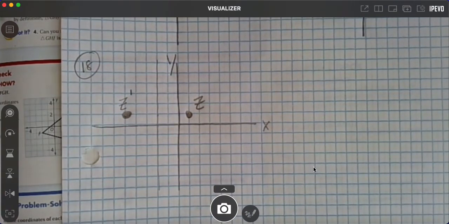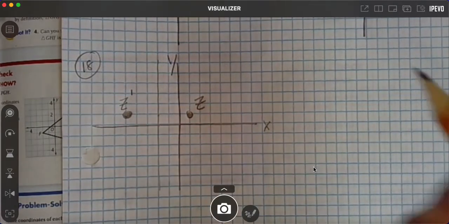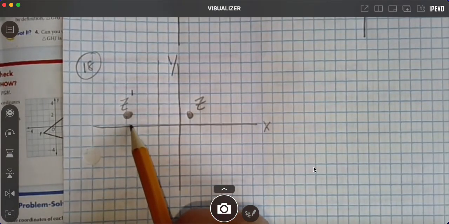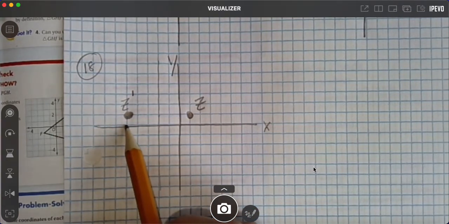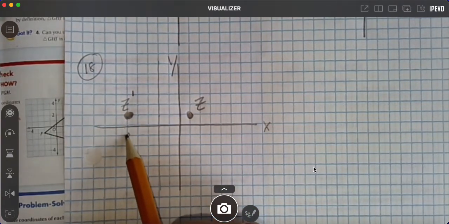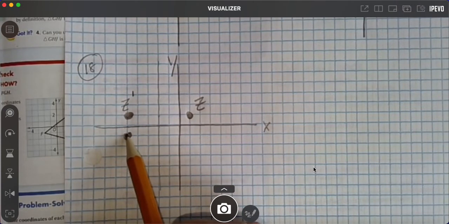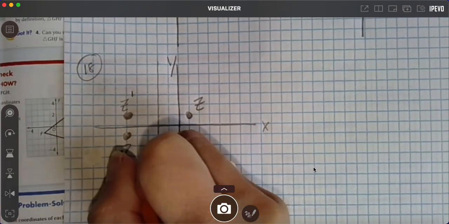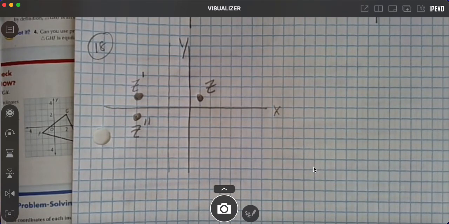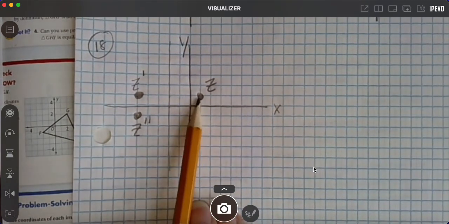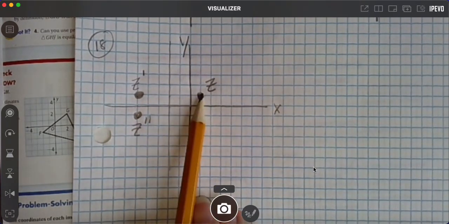Is that my answer? No. Then what does it tell me to do? What am I going to reflect it across now? The x-axis. So here's my x-axis, and I'm only one space from it, so I'm only going to go one space from it. I don't know what they would call it. You're supposed to go across from the Z. I'm going to call it Z prime prime. So we had to reflect it across this line.